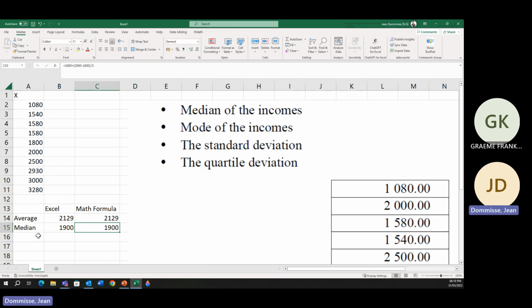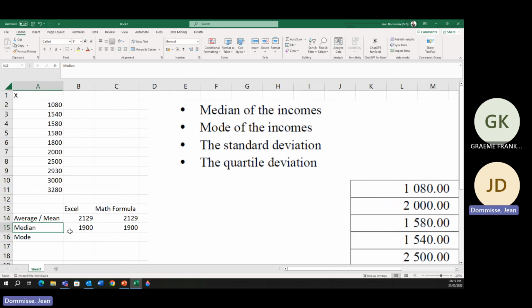Mode of income. The other name for average is also mean, if we need to get that. Mode of income basically looks at the number that appears the most.